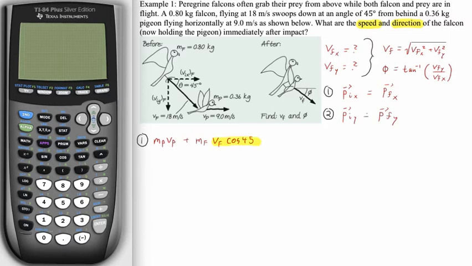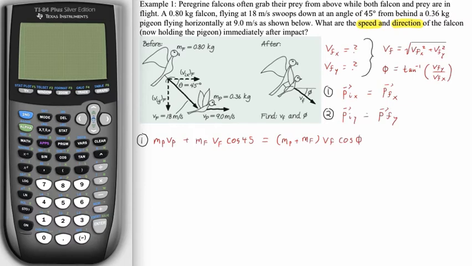So essentially this term right here is this one. It's just the initial x component of the falcon velocity. Okay, and multiplied by the mass gives us our initial momentum for the falcon. And then it's going to equal the final momentum, and then we're going to have the combined masses, so it's going to be m p for pigeon, m f for falcon, and then times the final velocity, but we want the x component, so that's going to be cosine of phi.